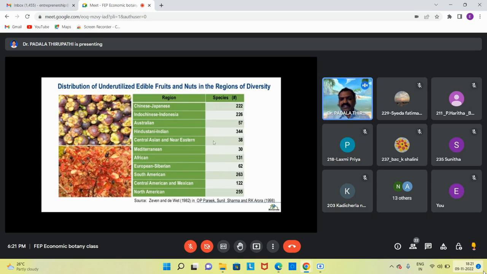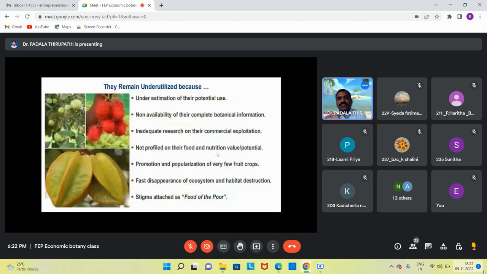Am I right or not, my dear friends? I'm not joking, because this is the source: Jeevan and Develt 1982, and also Pererik, Sunil Sharma, R.K. Arora 1998. They clearly stated that India has a rich source of edible nuts and fruits.